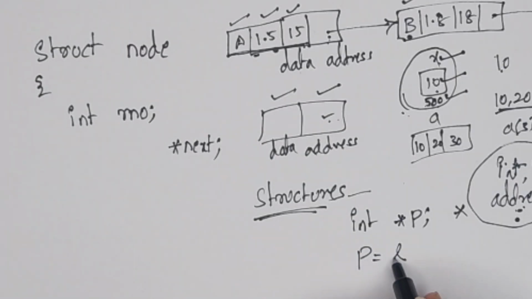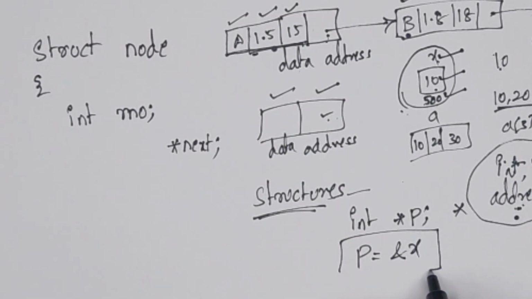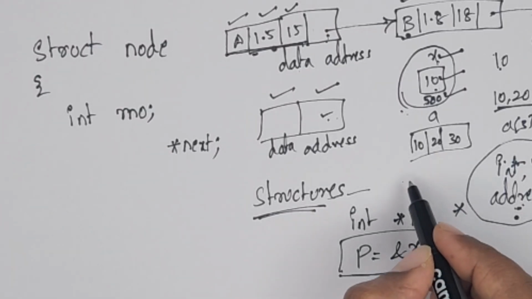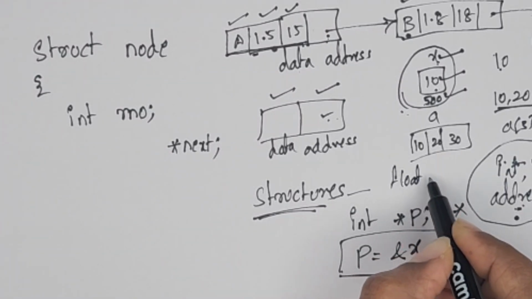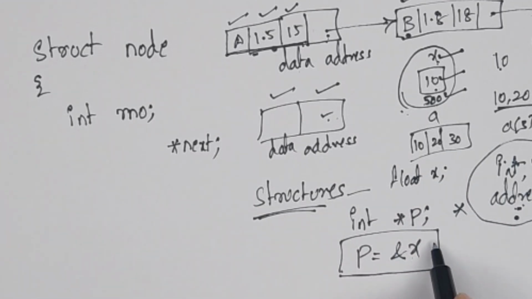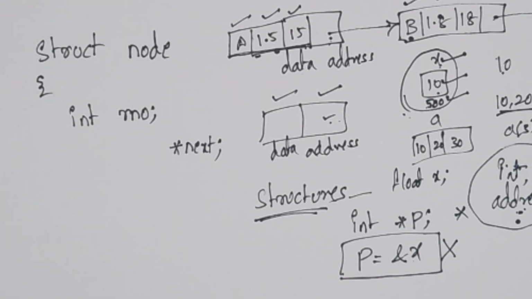So p equals address of x. Now the address of x will be assigned to p. X is an integer, so p also you have to take as an integer pointer. In an integer pointer, you can store the address of an integer variable. For example, if x is float, then this becomes wrong. Only in an integer pointer can you store an integer variable's address. I hope you got this point.